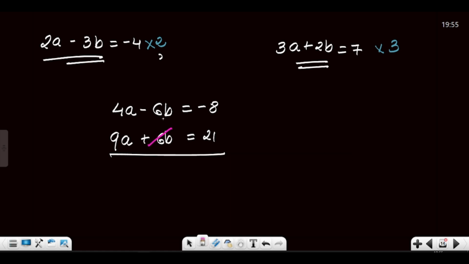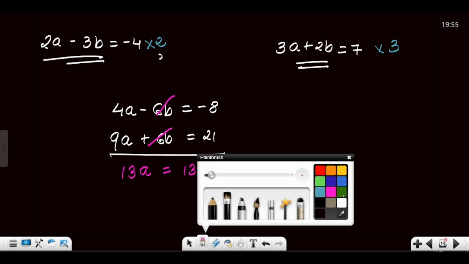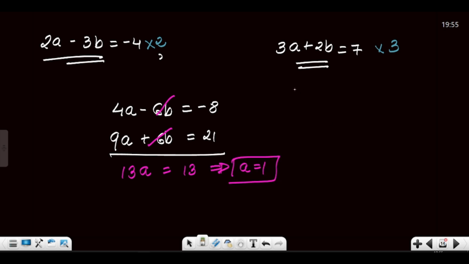Cancelling out the b's, 13a equals 21 minus 8, which is 13, so a is 1. Substituting a as 1, 3 into 1 plus 2 into b equals 7.